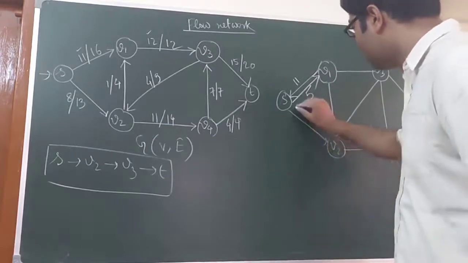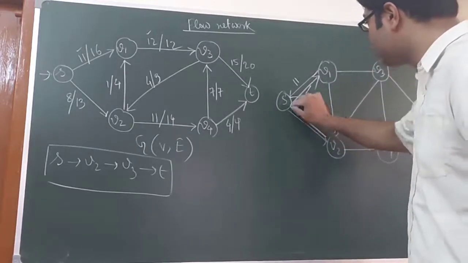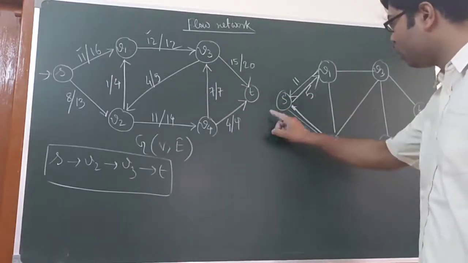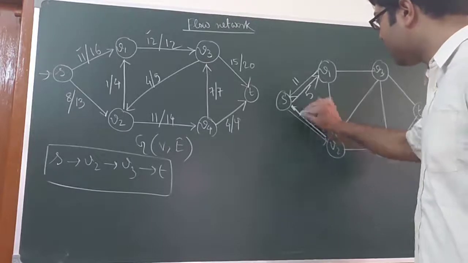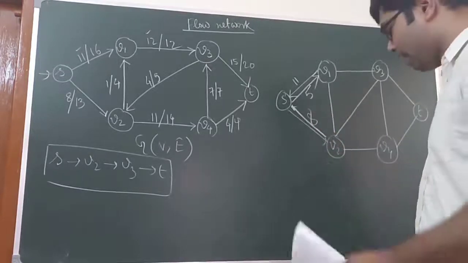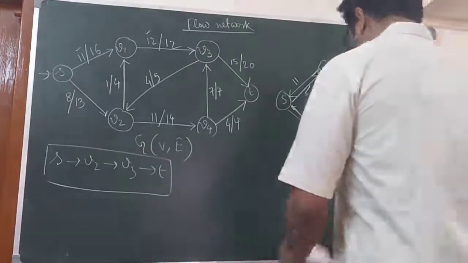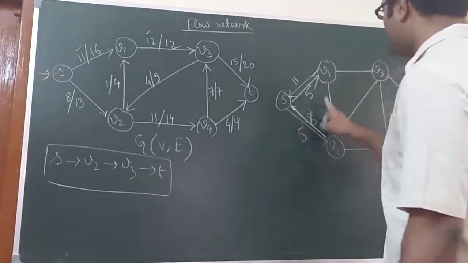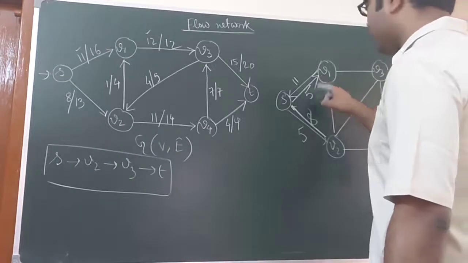Similarly, the amount transmitted from S to V2 is 8. So the reverse flow V2 to S is 8, and we can increase this by an amount 5. Similarly, V2 to V1, the amount is 1.